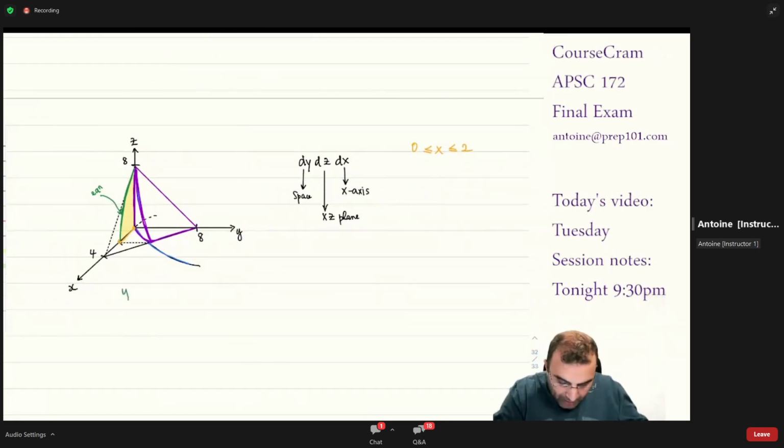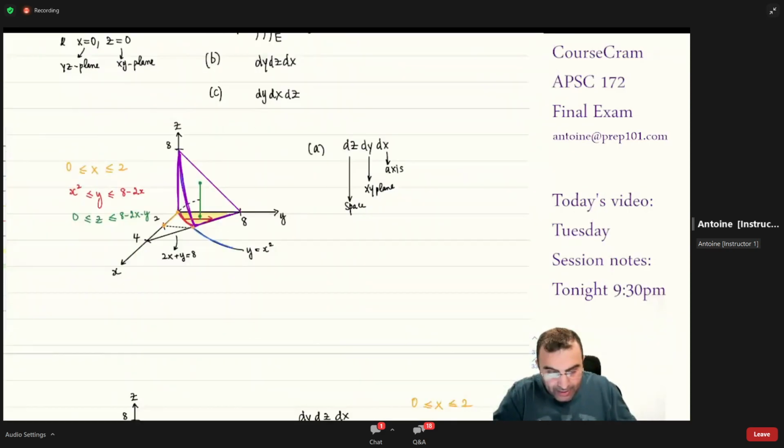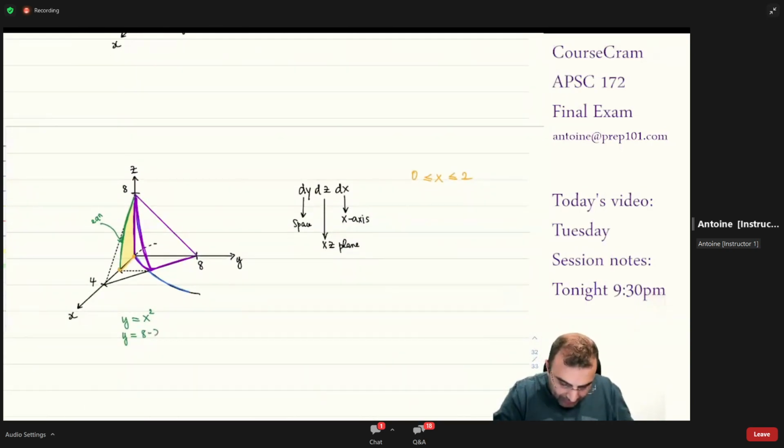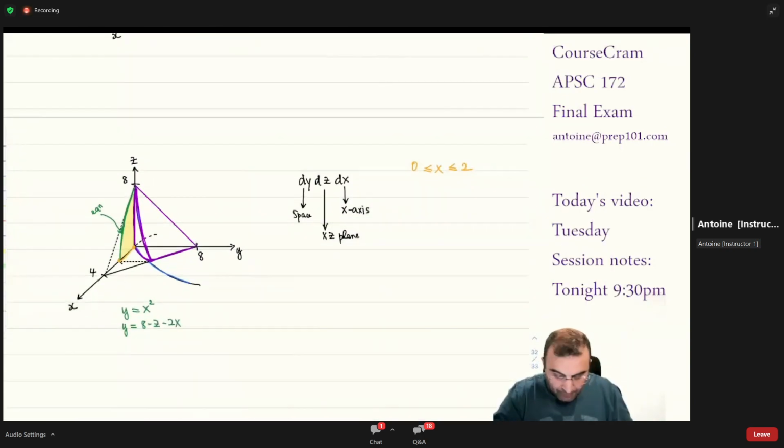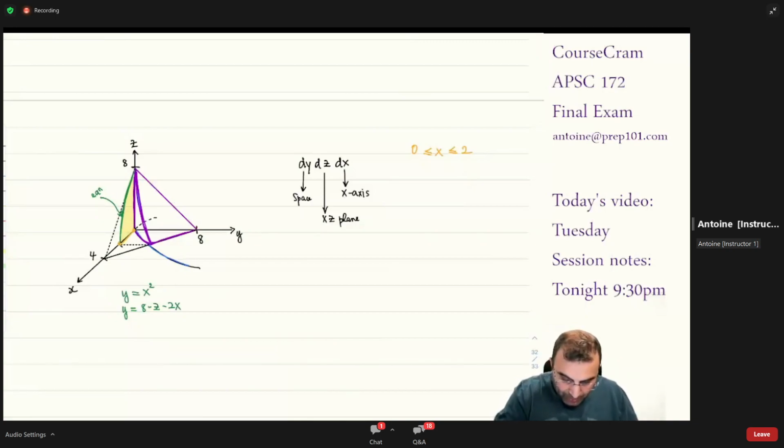So we have y equals x squared, and then we have the actual plane, y equals 8 minus z minus 2x. So when we eliminate the y, we're going to get 8 minus z minus 2x equals x squared, which means z is equal to, move it to the other side.